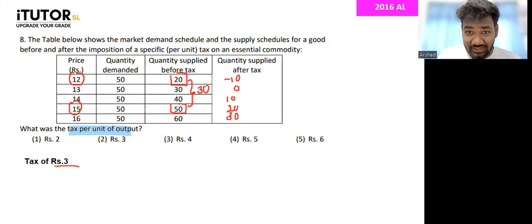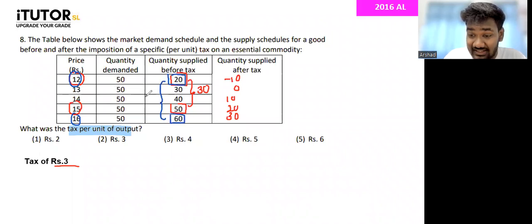Shall we quickly do this if the tax is 4 rupees, for you all to practice more? If the tax is 4 rupees, can you give me two prices that I can select? I can select 12 and 16. Correct, a difference of 4. So at 12 and 16, can you tell me the difference in quantity supplied at those two prices?